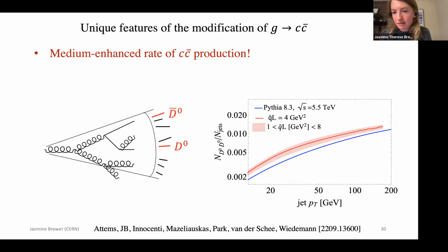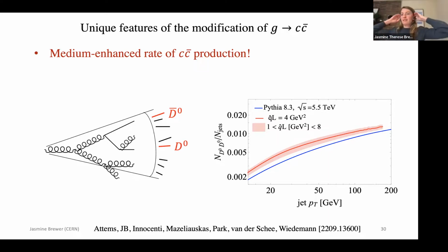So I think that would be a pretty cool opportunity to see this unique feature of the splitting function modification in phenomenology through this ratio of the rates of different types of jets. Does this make sense?